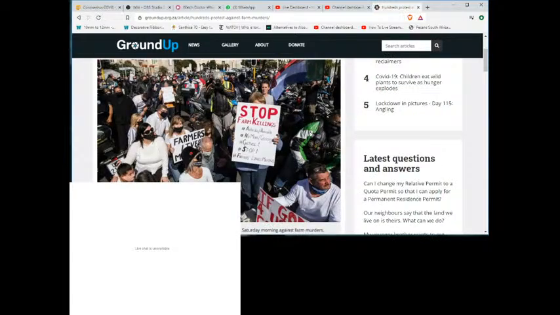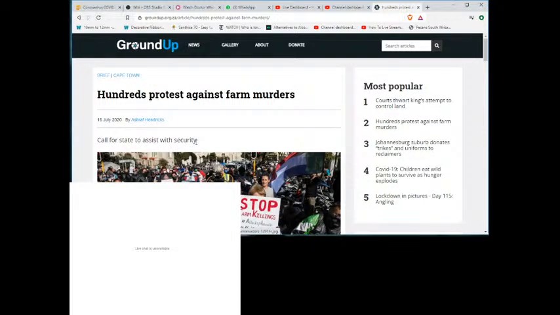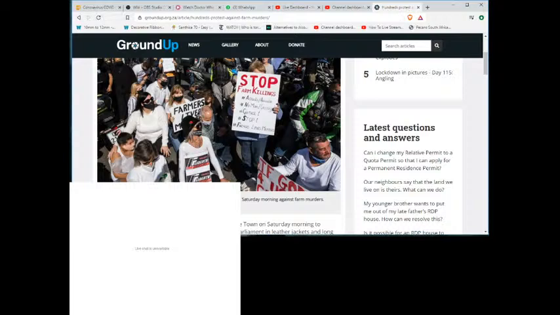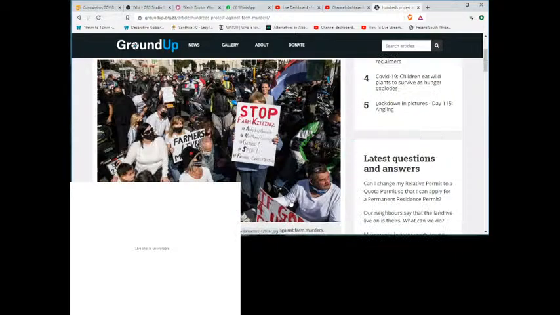This would be an establishing shot because you've got all of these people here that are protesting against farm murders. And there you go, you've got the photo credit here. Ashraf Hendricks, hundreds of people, many on bikes, protested outside Parliament on Saturday morning against farm murders. So that helps to give you an idea of how many people were there.